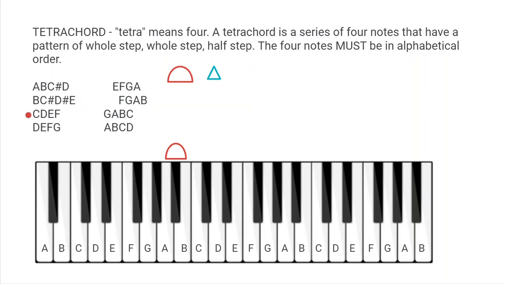How about if I'm doing a C tetrachord? Let's look. From C, I need a whole step because that's the first step, right? That's going to be D. A whole step up from C is D. Another whole step. That's going to be E. I've got whole step, then I need a half step.